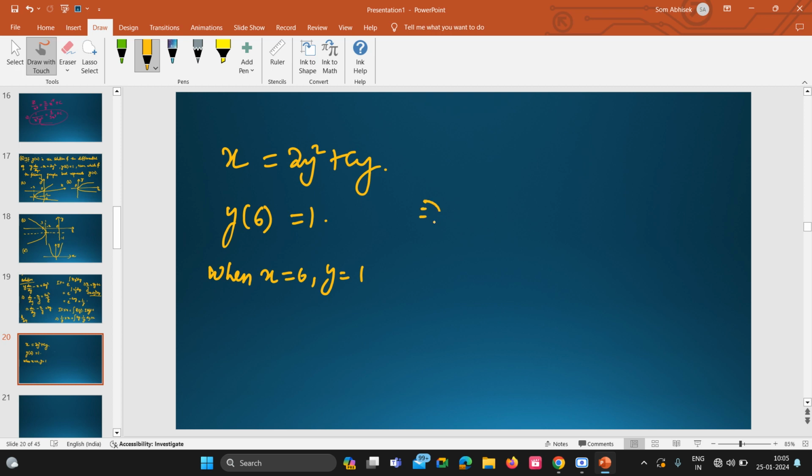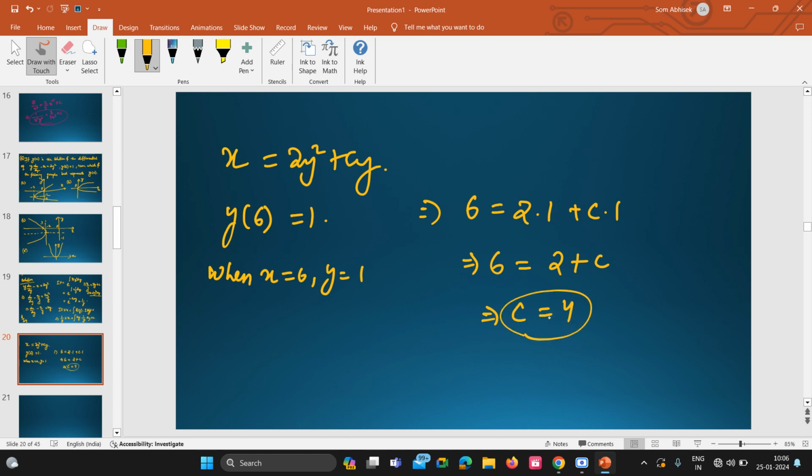So 6 is equal to 2 into 1 plus c into 1, that is c is equal to 4. So now I will put it here. X is equal to 2y square plus 4y.